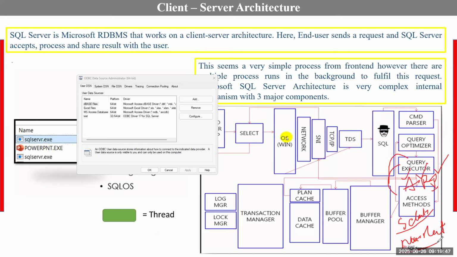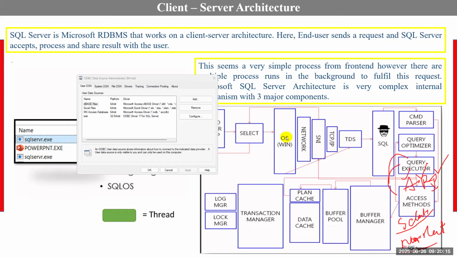You are loading something, modifying something, creating something. So the access method can understand, with the help of these APIs, whether it is a select statement or a non-select statement.